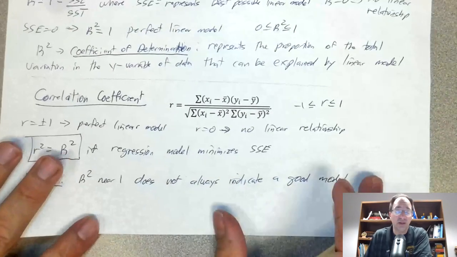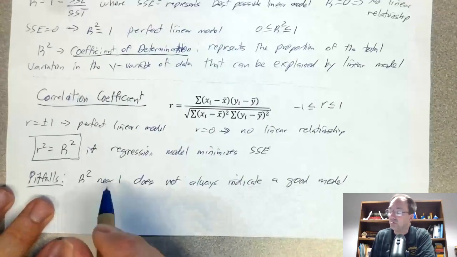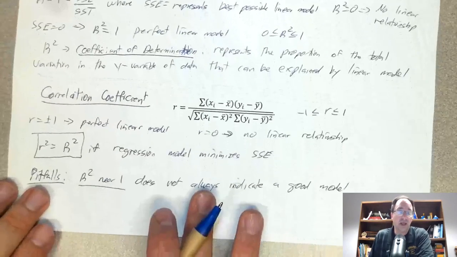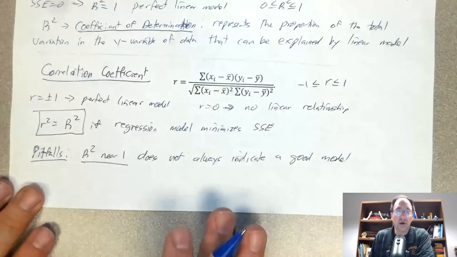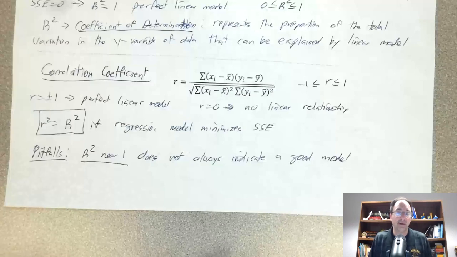Right? Definitely doesn't indicate a great model. It may not even indicate a good model. So don't be fooled that just because you see an r squared of 0.9 or something, which in a lot of contexts would be great, there are scenarios where an r squared of 0.9 or more can be misleading. Let me give one example, and for that we will go to the spreadsheet.